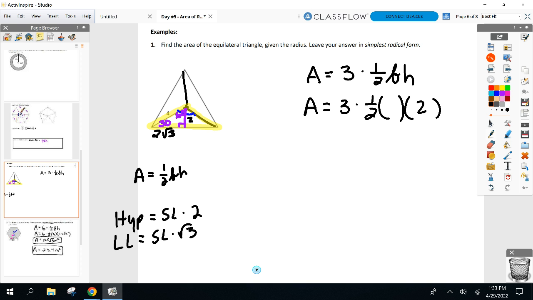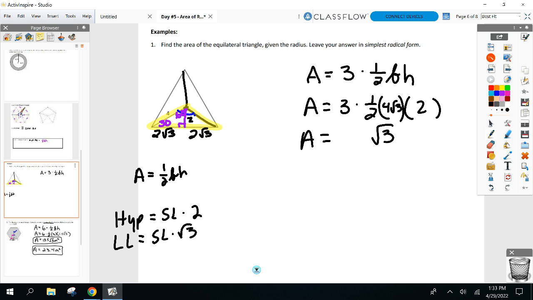Follow-up question, Jonathan. Is that what I want to plug in for base here? Is that the length of the base of my highlighted triangle? 2 radical 3? Good, because the other half is 2 radical 3, and you know how to add radicals. So the base would be 4 radical 3. Radical 3 in your answer.